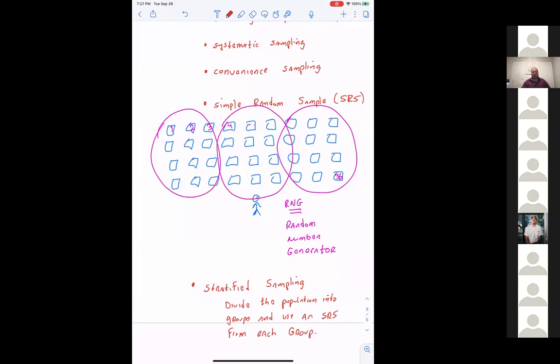Can anyone give me an example, a scenario where you might decide that the best thing to do is to divide the population into groups and then take a sample from each group rather than just take a sample from everything all together? Can anyone think of a scenario where that might be prudent?